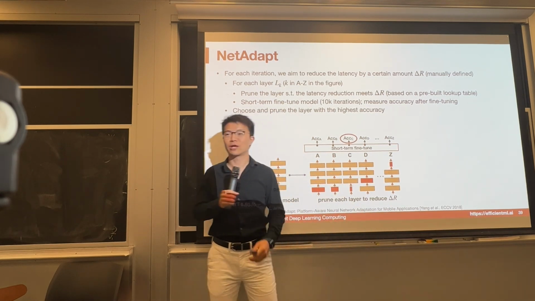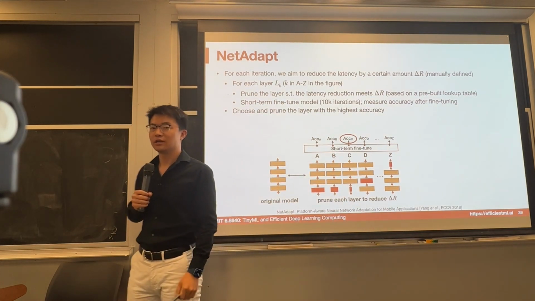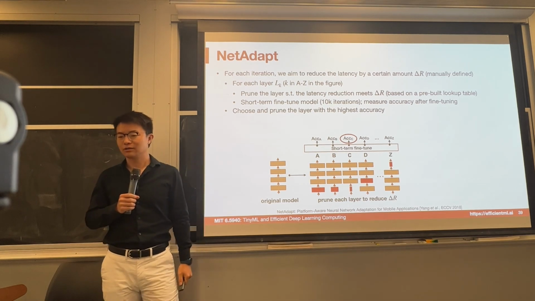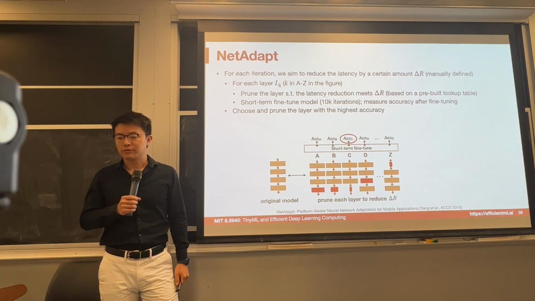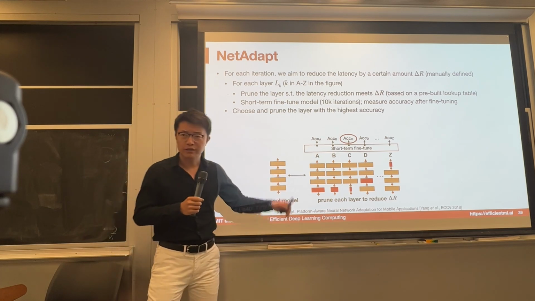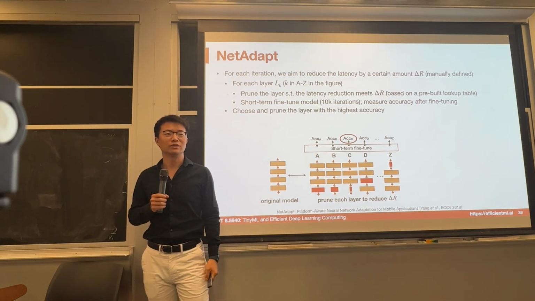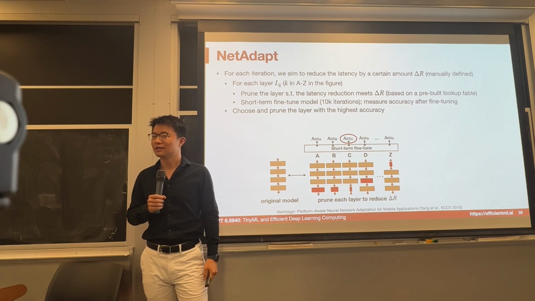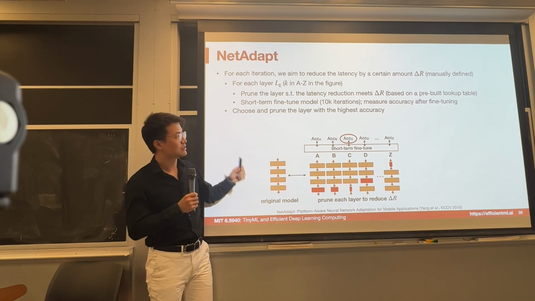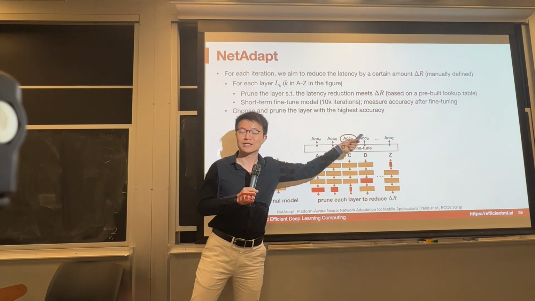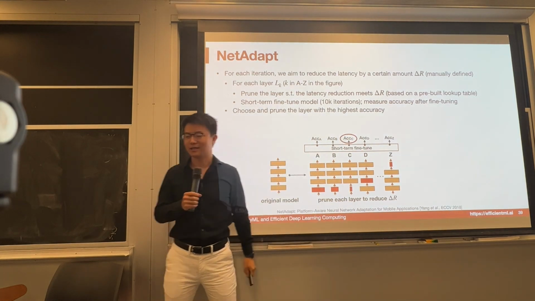Versus the last layer, we have to very aggressively prune it to achieve that target. So there are so many different choices, all achieving the same latency. Then which approach do we choose? We want to choose the one that gives you the highest accuracy with the same latency.